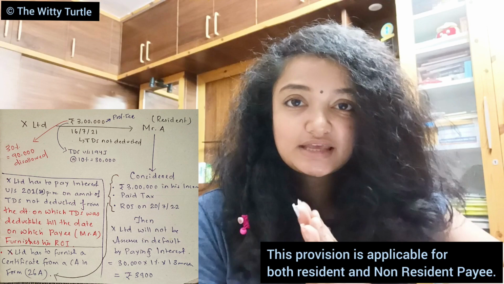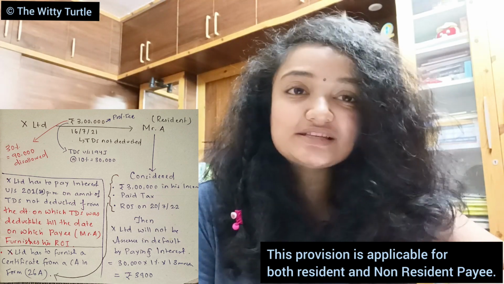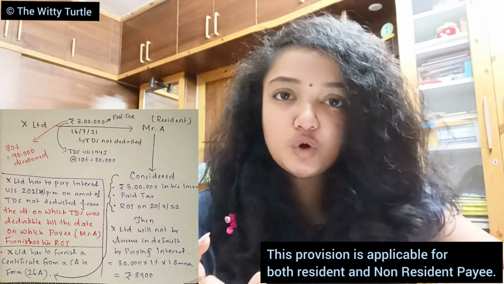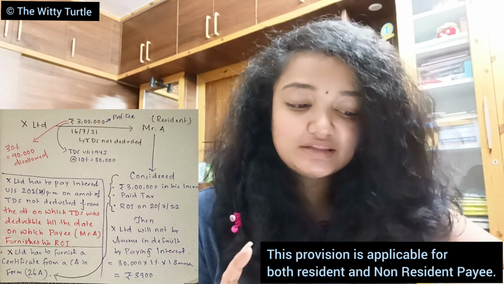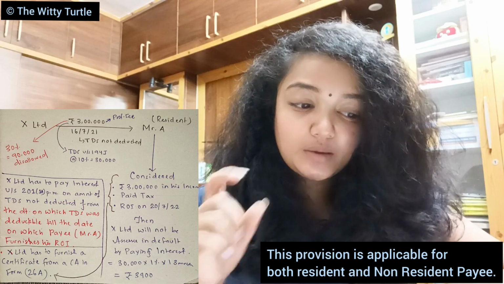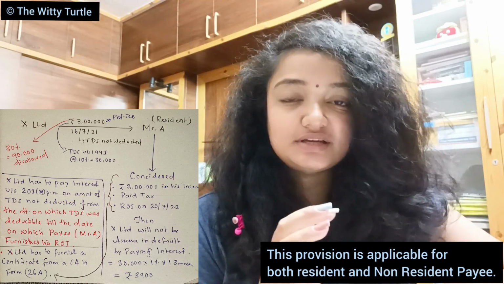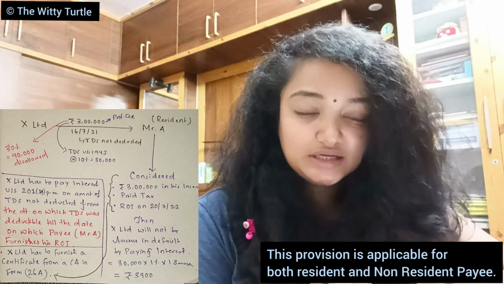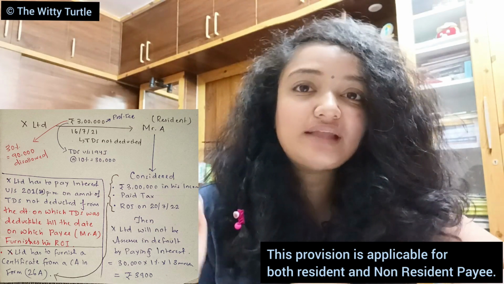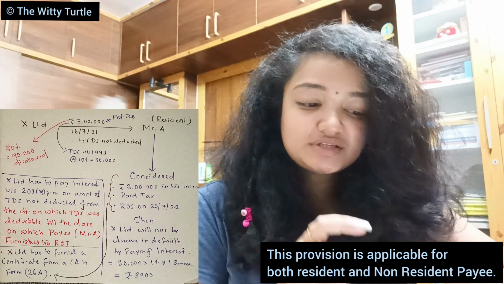In this case, X Limited should be the SSE in default if we go by the provisions of section 201, right? But in this case what happens? Mr. A, who is a resident, says that I will consider this 3 lakhs in my income and I will pay tax on it. And Mr. A does what?